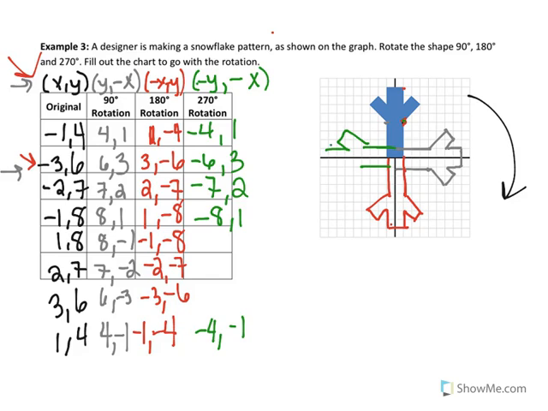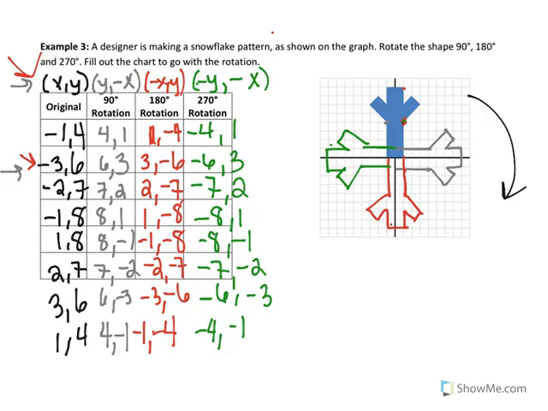So there's that side of the snowflake, and then we have -8, -1, -7, -2, -6, -3. So there's our rotated snowflake.